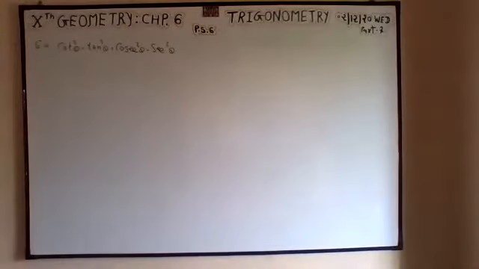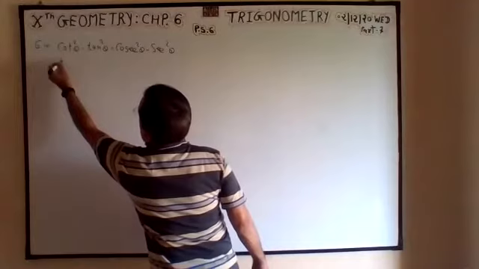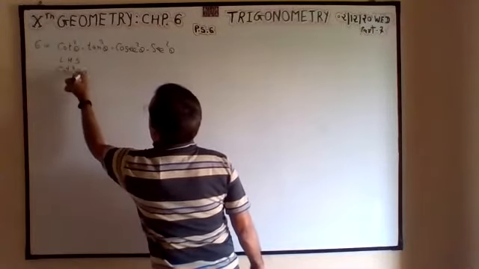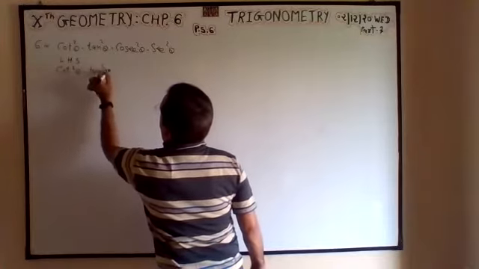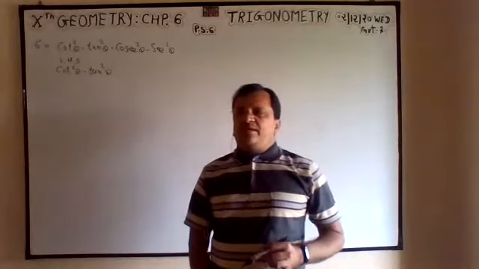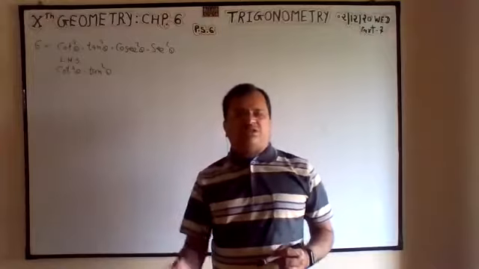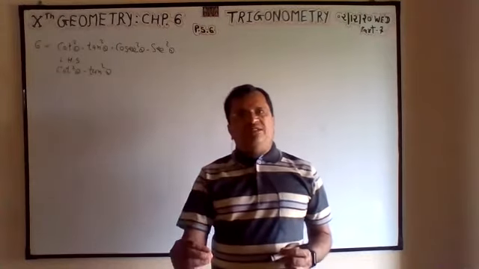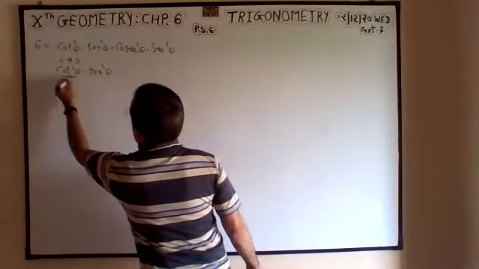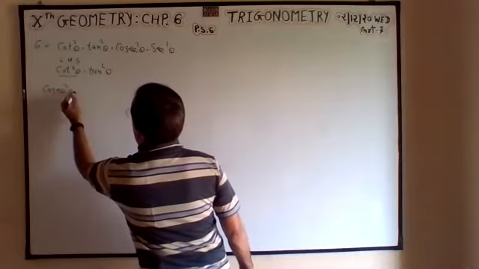So always you have to start with left hand side, which is cot square theta minus tan square theta. We have identities. Third identity is 1 plus cot square is equal to cosec square. So cot square is equal to cosec square minus 1. For this I can replace cosec square theta minus 1.